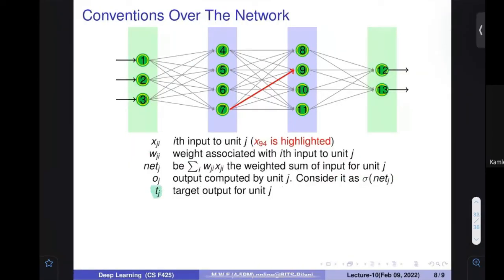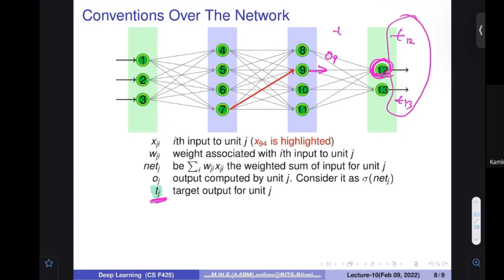T is also a very important thing. If some output is coming for this, it is O9. But what should the output be? For the output units, I know the target, T12 and T13. This would be with respect to every input. If we specify an input, the target for that particular value would be given to me.